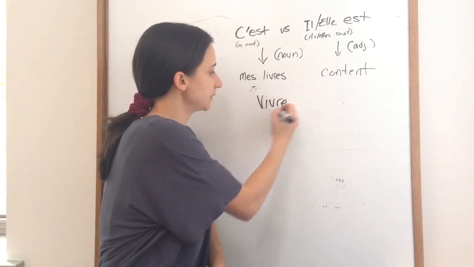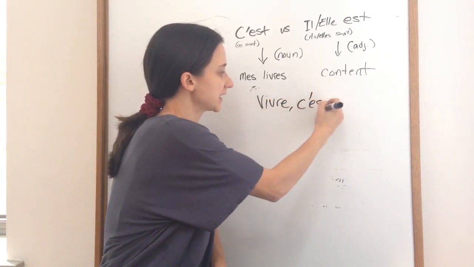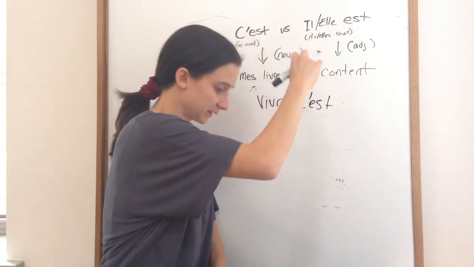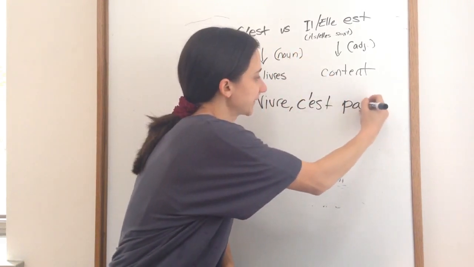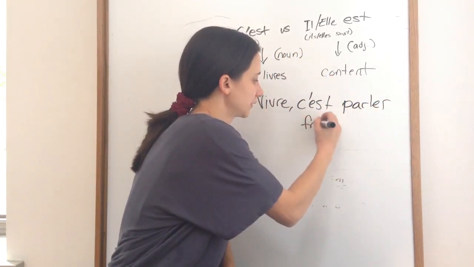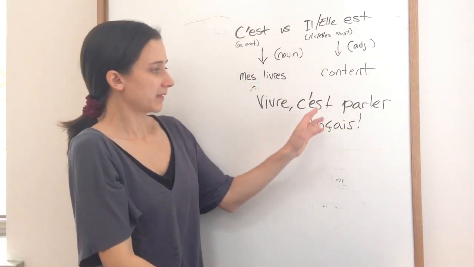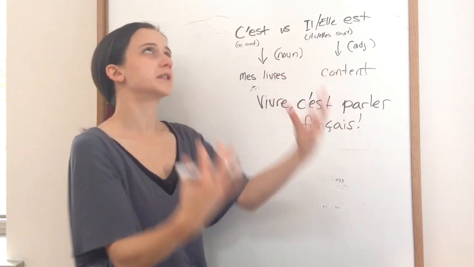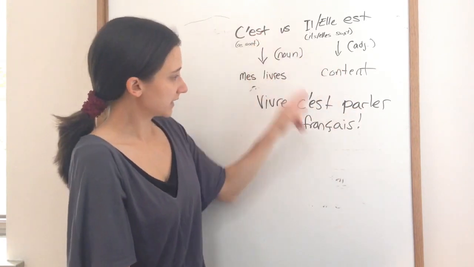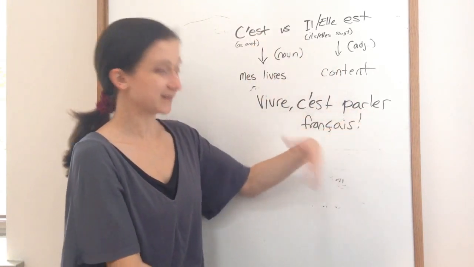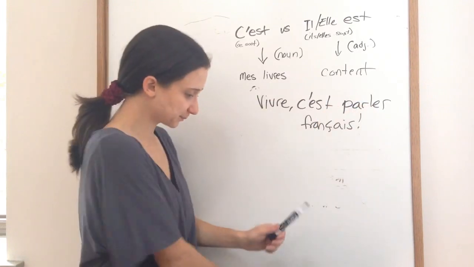So, vivre, c'est parler français. To live, that's to speak French. To live is to speak French. So again, c'est with an infinitive, and the infinitive is acting as the subject of the sentence.